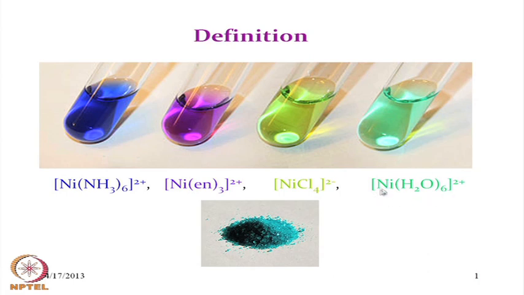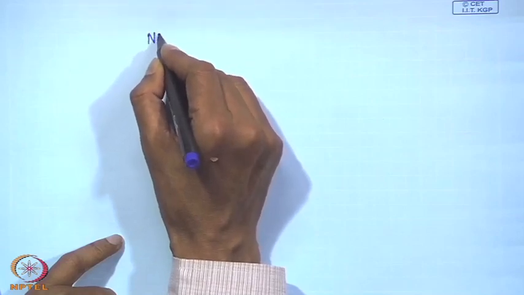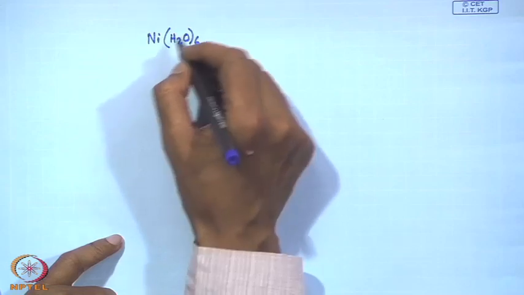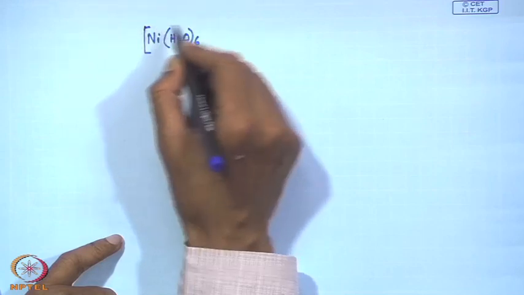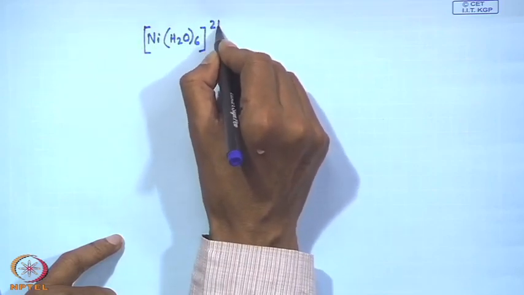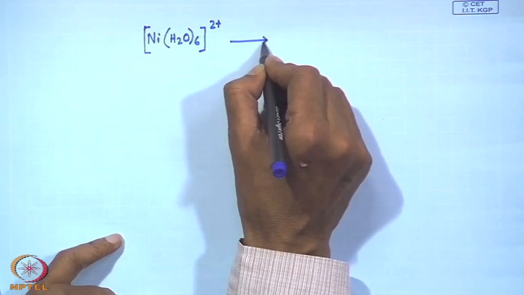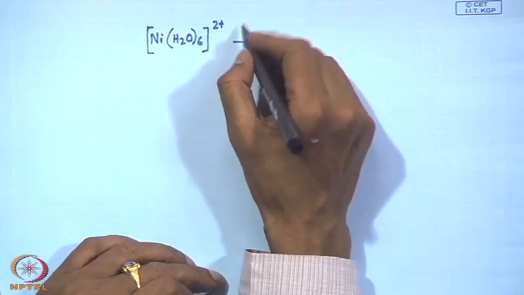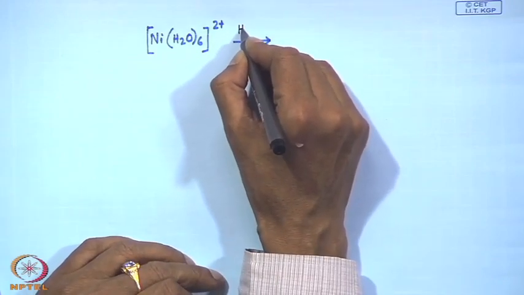So when we add HCl or some potassium chloride to hexaaqua nickel 2 plus, that means supply of Cl minus, simple HCl is also sufficient.